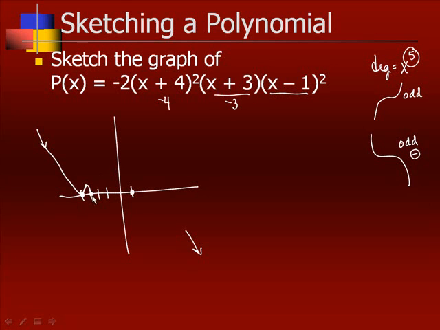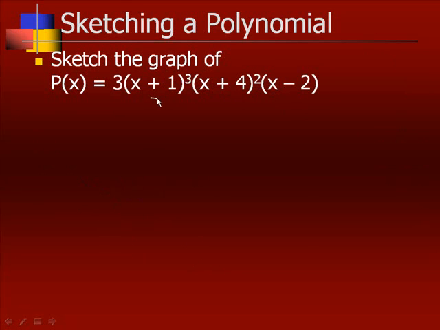So it's going to come back down here, and it's going to cross at -3. Now at x minus 1, that's an even power, so it's going to touch it. So it's going to come back up to 1. It's not going to cross, but it's going to come back down, and that puts us in our general direction. So our graph would look something like this right here.